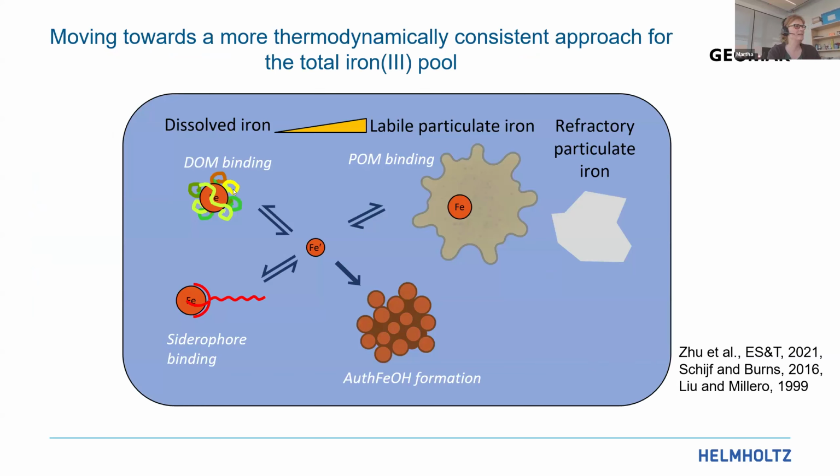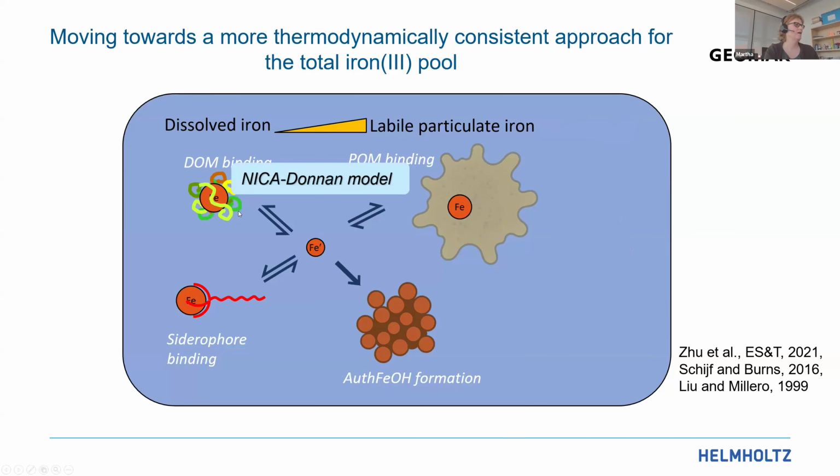So our DOM binding and our POM binding are described by these equilibrium conditions. And you can note that the lithogenic component, the refractory component, disappeared, because that's not going to take part in the reaction pathway at all.